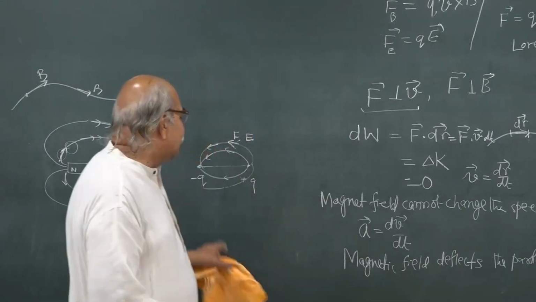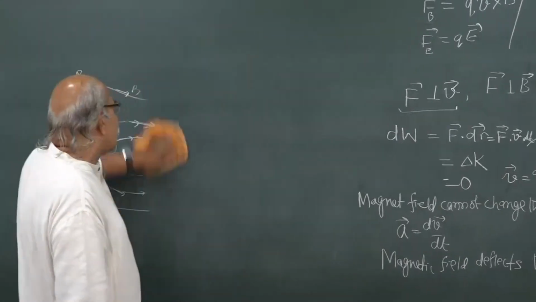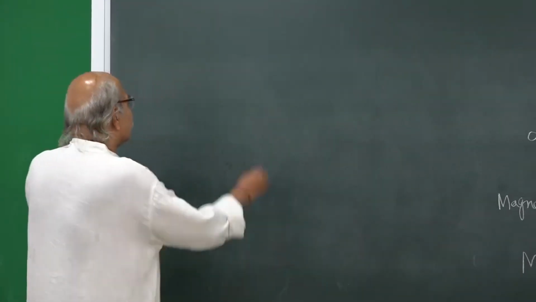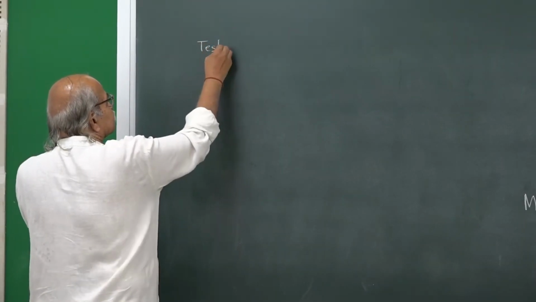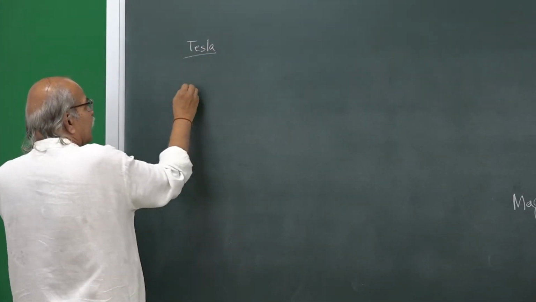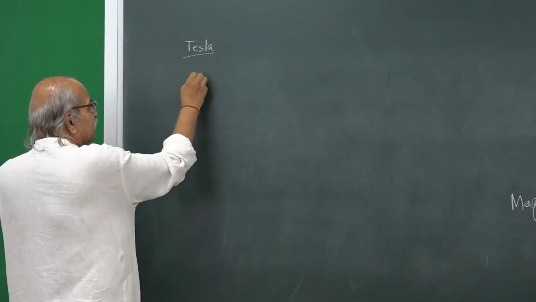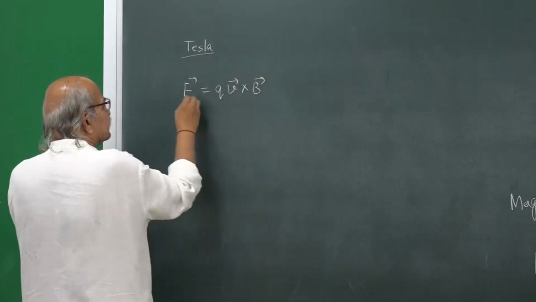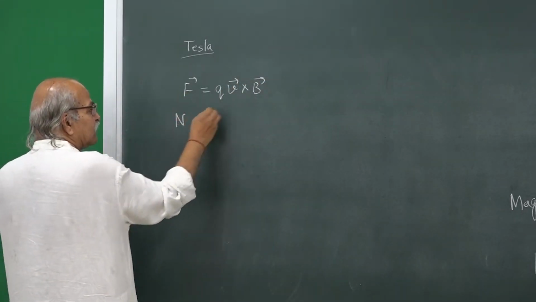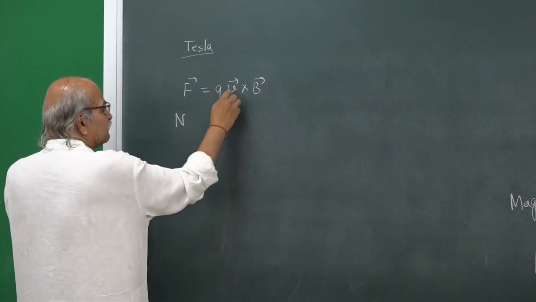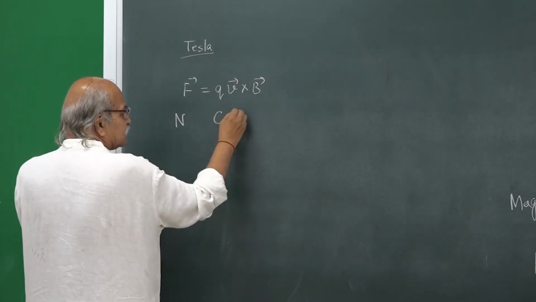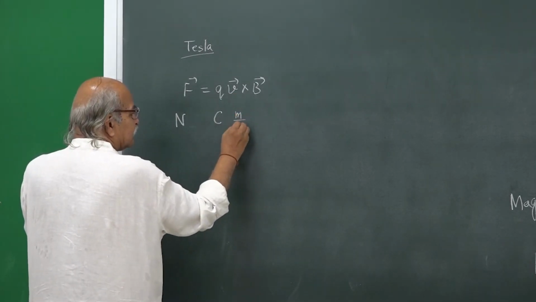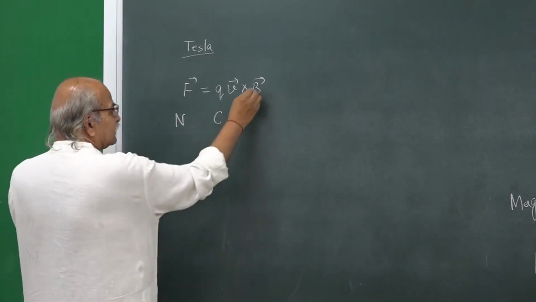Now, let me talk of units and then we will stop. The SI unit of magnetic field is called Tesla. If you start with F equal to q v cross B, then F is in Newton, q has SI unit Coulomb, and velocity is distance by time, so it is meter by second.